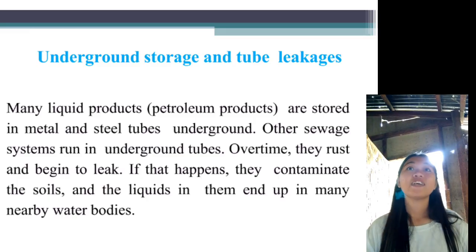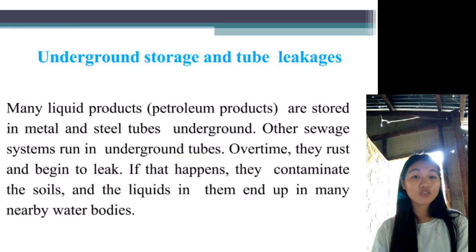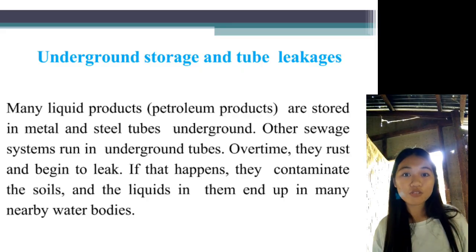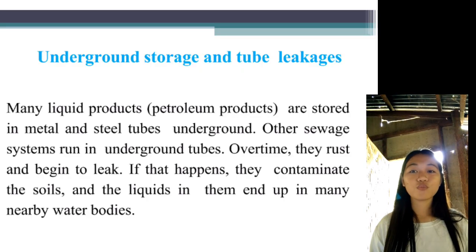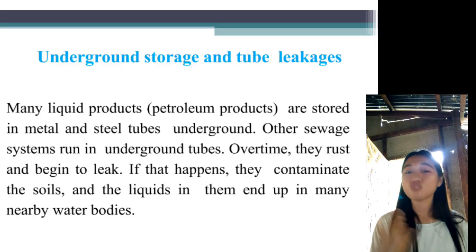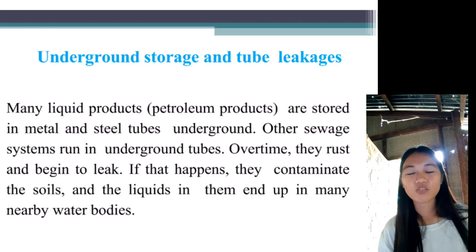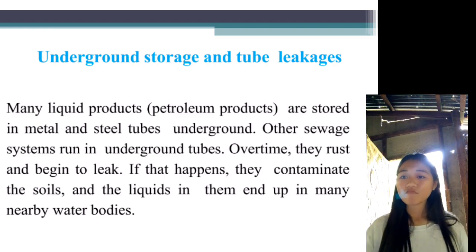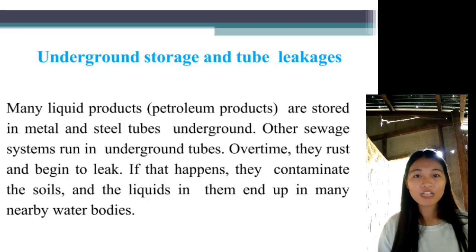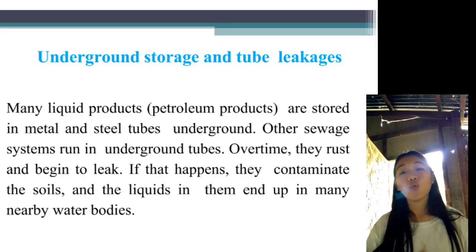Knowing that our actions have greatly contributed to these water pollutions, it's time that we humans realize we have to change it. We have to control our actions that greatly affect the water cycle. So that is all for our kinds of sources of water pollution.